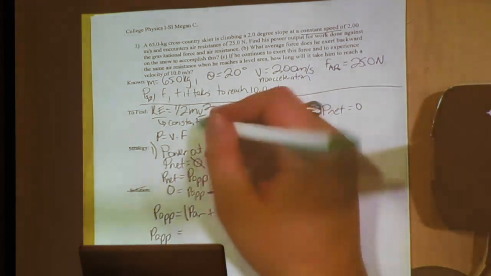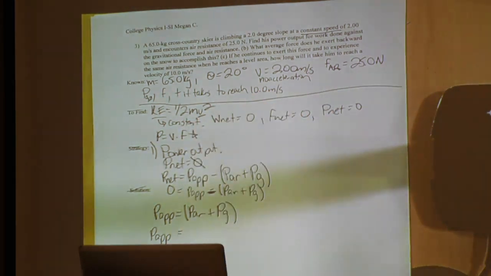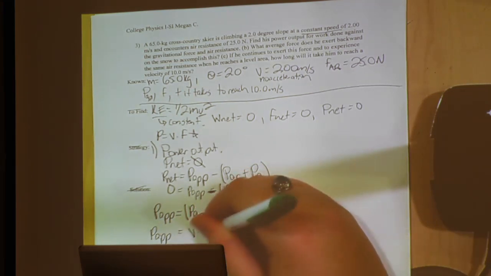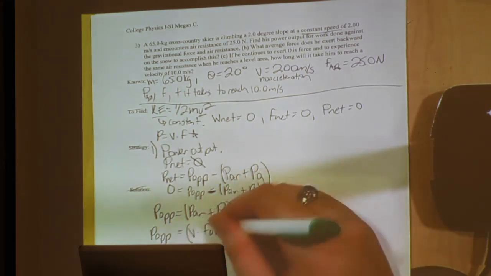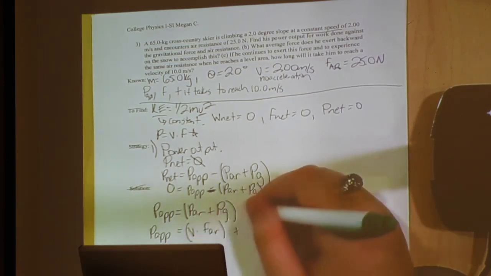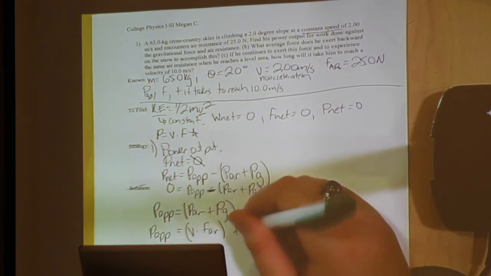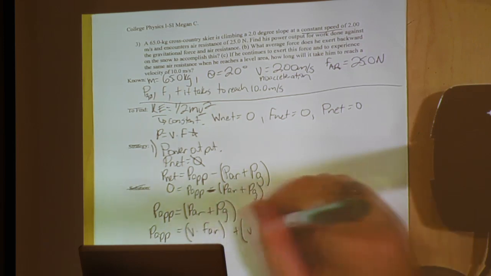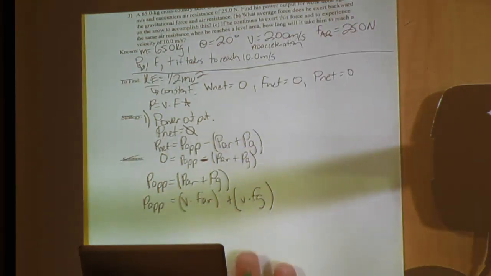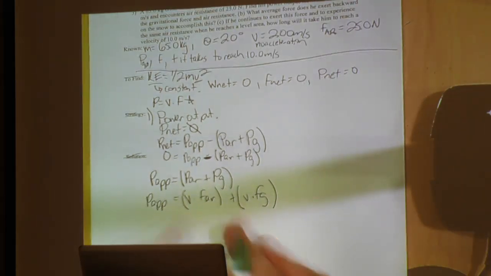If we consider our formula here, we can write it out as velocity times the force, right? So velocity times the force by air resistance. And then we also have plus velocity times force by gravity. Sorry, my bad. All right, so these have common terms.